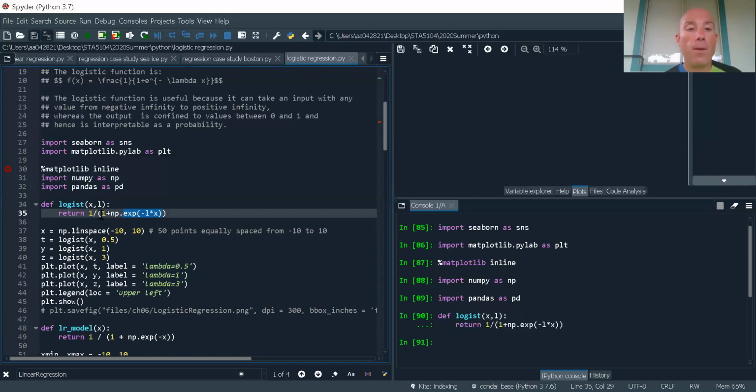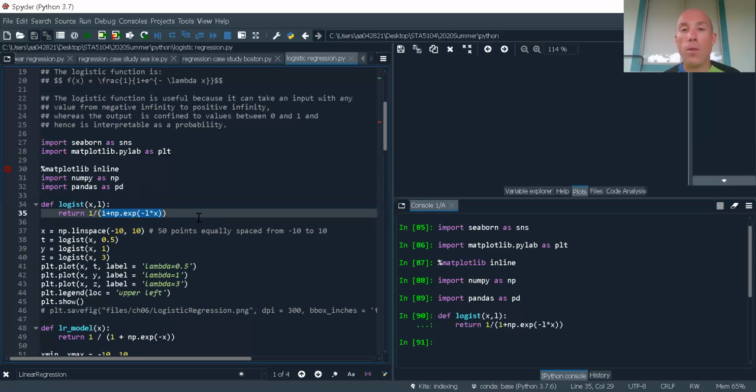If I divide by something big, I get back something small. So if this e part is big, the whole probability is going to be very, very small. If this e part is small, then the bottom is close to 1, just a little bit bigger than 1. If I divide 1 by something just a little bit bigger than 1, I'm going to have something that's just slightly less than 1.